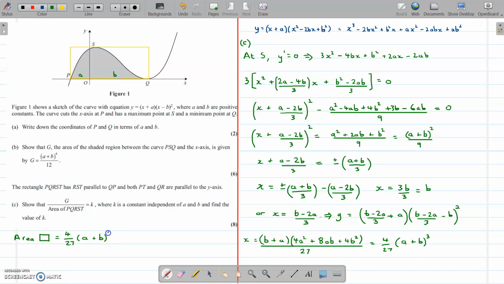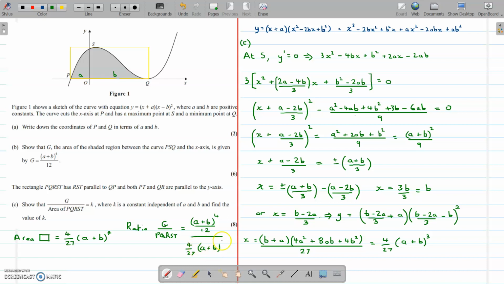Okay, and that's what we're really looking for, because I can now say that the ratio that I want is g over the area PQRST, which is equal to a plus b to the 4 over 12, and all of that is over 4 27ths of a plus b to the 4.